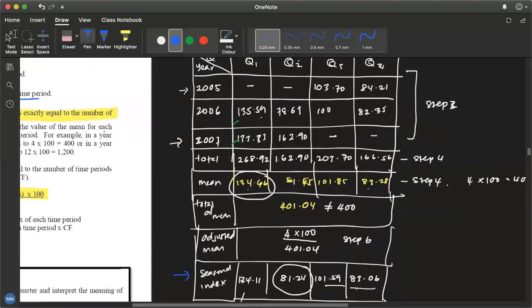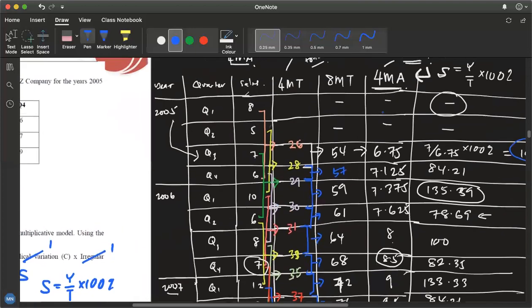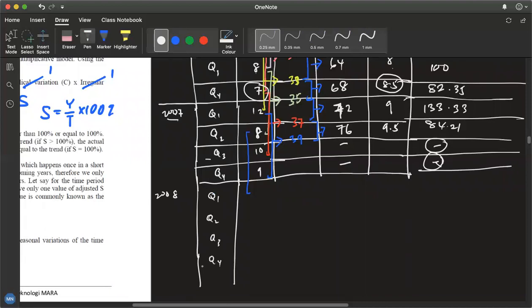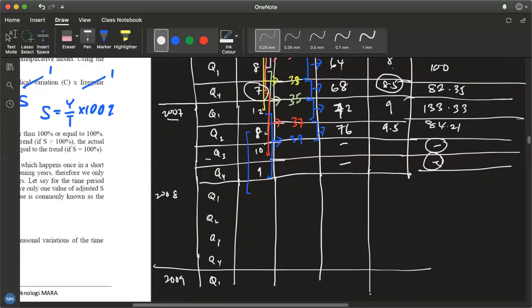So now, we want to forecast for 2009. Let's say this is 2008, quarter 1, quarter 2, quarter 3, quarter 4, and this is 2009, quarter number 1. This is our objective.